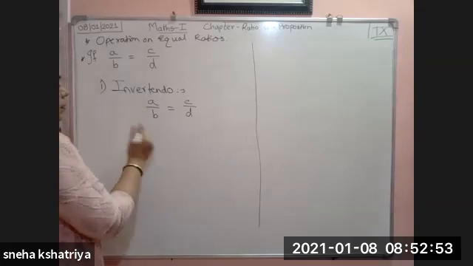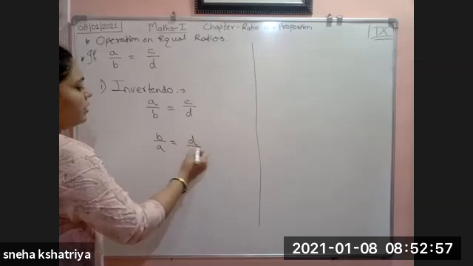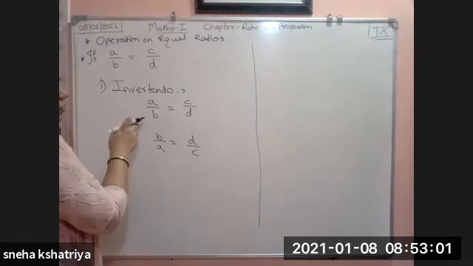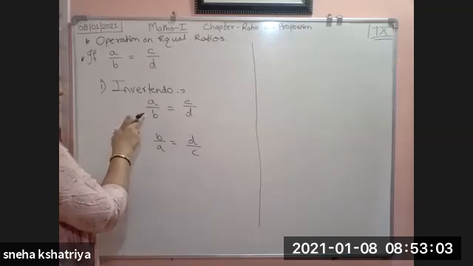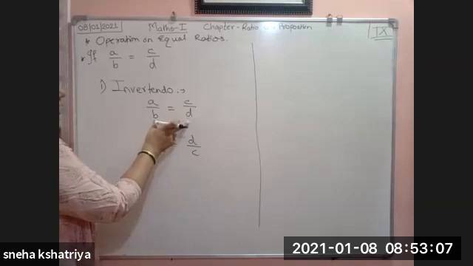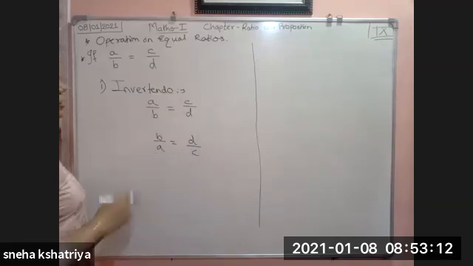So A upon B we can write as B upon A, which is equal to C upon D written as D upon C. Just invert the values. Numerator becomes the denominator, denominator becomes the numerator on both sides. D and B go to the numerator side, A and C go to the denominator side. Such an operation is called invertendo.